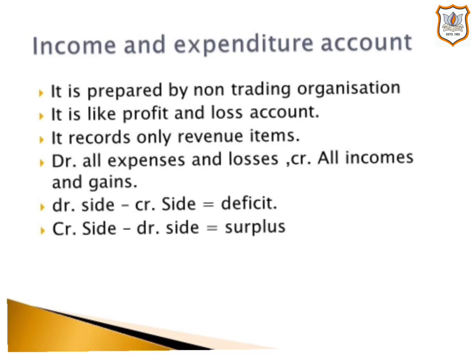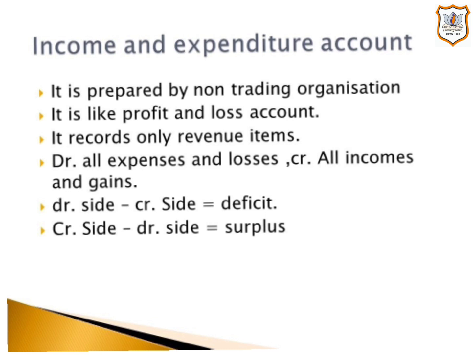Now let us understand how the income and expenditure account is prepared. Income and expenditure account is like the profit and loss account of a business firm. Since not-for-profit organizations are not established for the purpose of earning profit, they do not prepare a profit and loss account. Instead, they prepare an income and expenditure account at the end of the accounting period to ascertain the results.